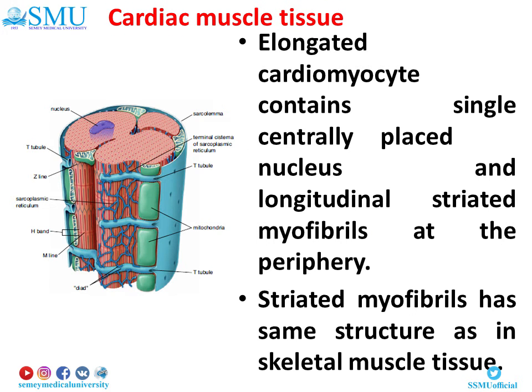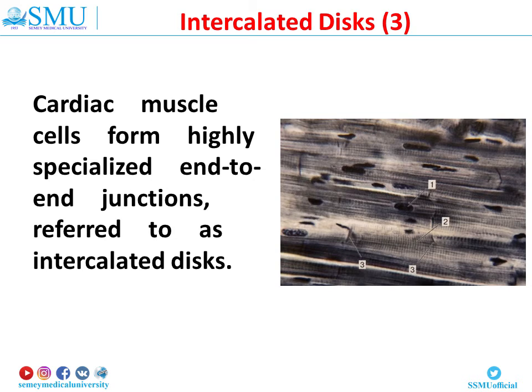Elongated cardiomyocyte contains single centrally placed nucleus and longitudinal striated myofibrils at the periphery. Striated myofibrils has same structure as in skeletal muscle tissue. Here in the slide you see enumerated by 3 intercalated discs.